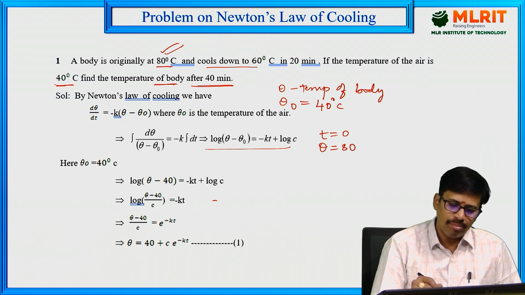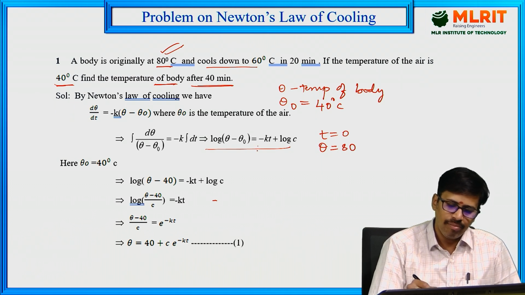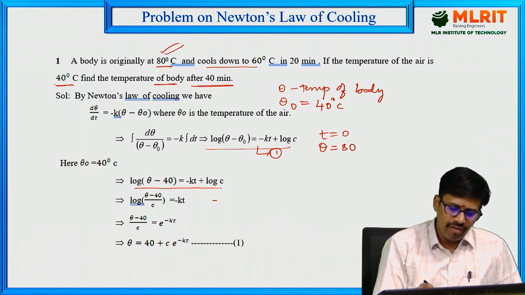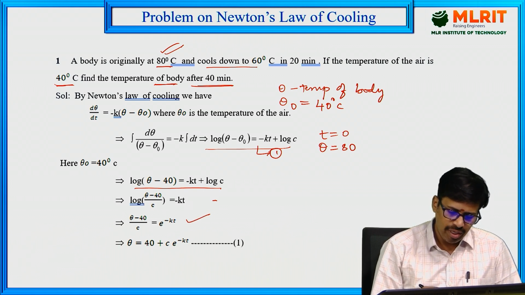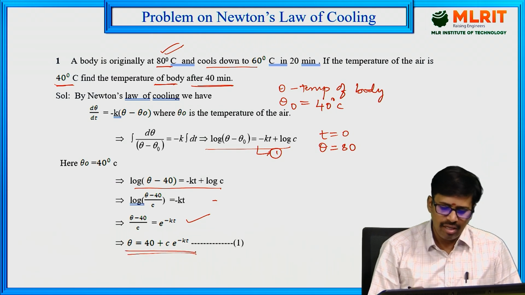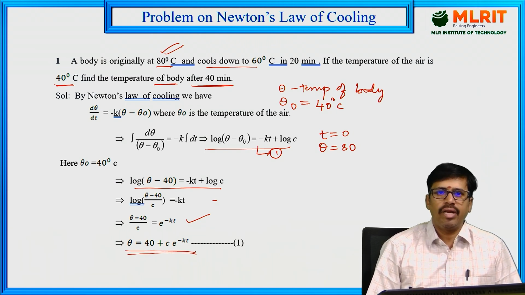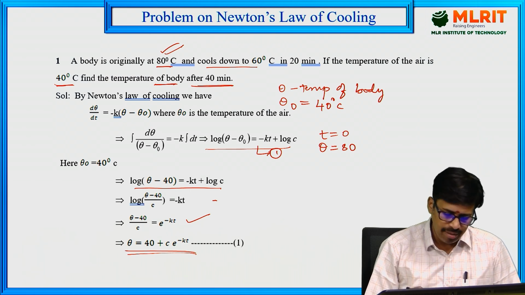Substitute that in equation 1. So we get this equation, that means if I remove the log, theta minus 40 by c equal to e power minus kt. This is the equation to find the temperature of the body at any time t.